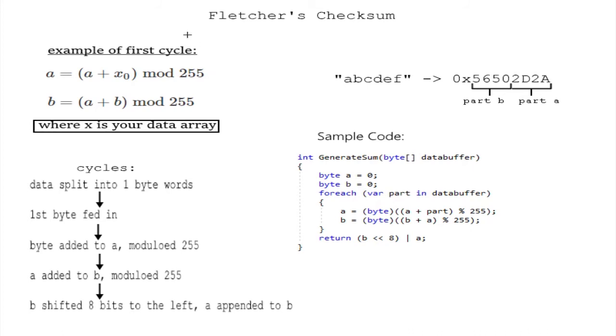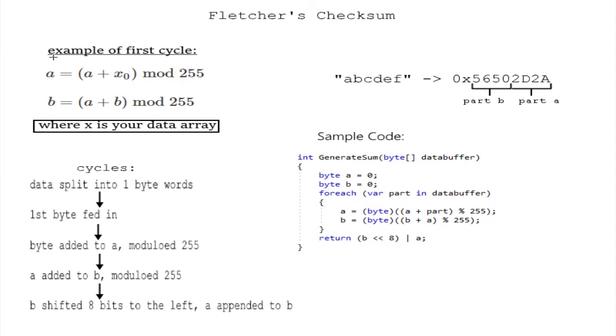So this is an example of the first cycle, because as you know, checksums run in loops.